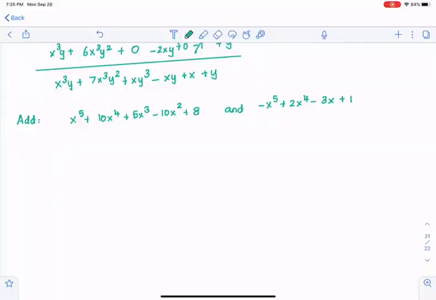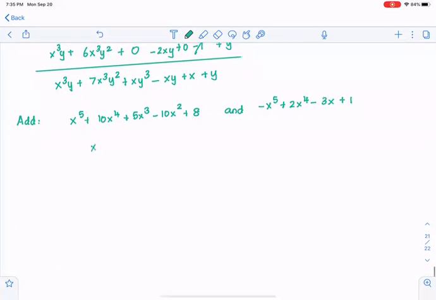So we have two polynomials. One is longer than the other. So I'm going to put the longer polynomial as the first one. The next one has negative x raised 5, so I can put that here.